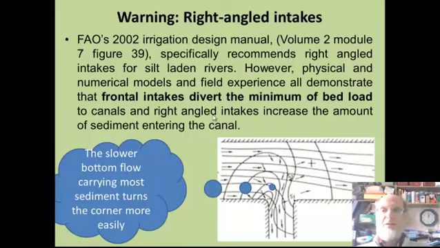Right-angled intakes increase the amount of sediment entering the canal. You can see it on this diagram. It's because the slower bottom flow, which carries the most sediment, is most easily diverted into an intake.